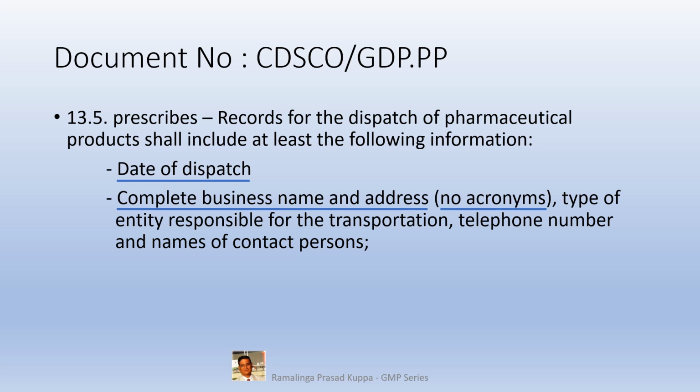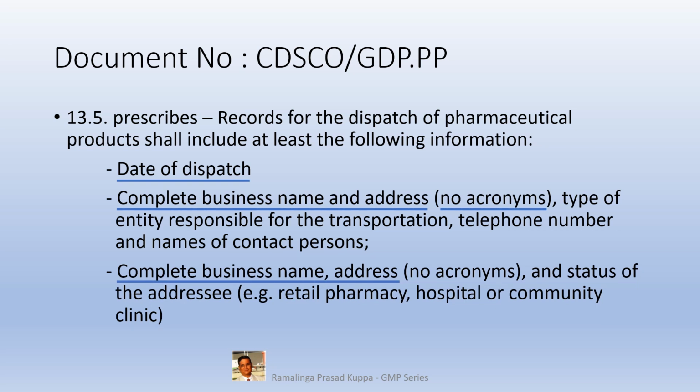No acronyms means that there should not be any abbreviated names or other short names or nicknames, etc. for business name or contact person. Details of responsible persons for transportation are also required to be included.